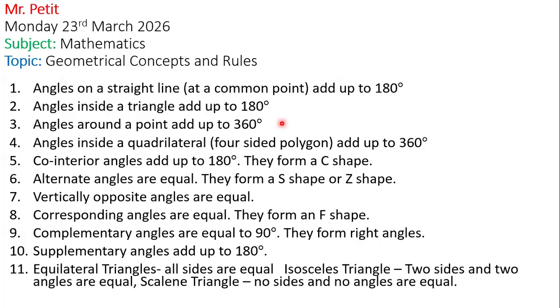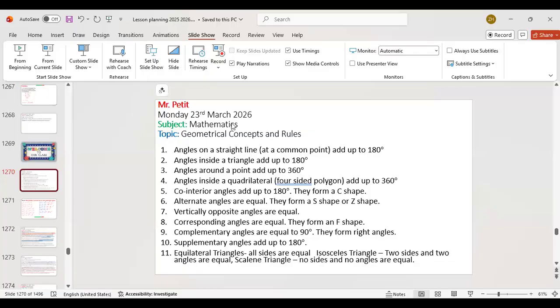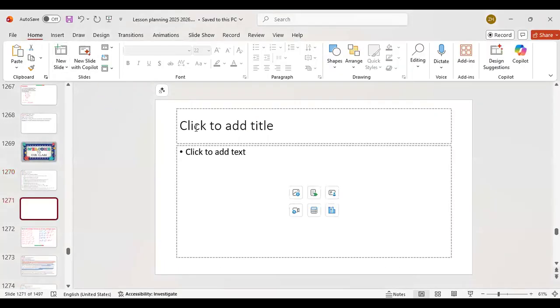Supplementary angles add up to 180 degrees. Equilateral triangles, all sides are equal. Isosceles triangle, two sides and two angles are equal. Scalene triangle, no sides and no angles are equal. Very good. So those are our rules, and we're gonna use these rules for today.